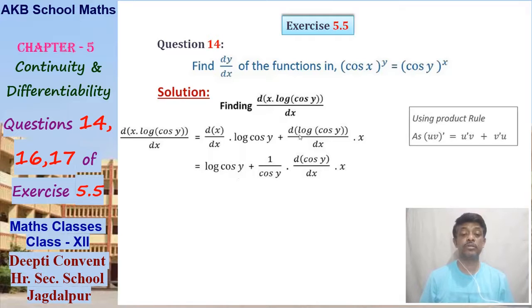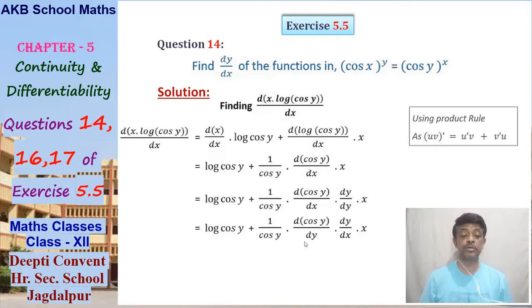So log cos y plus 1 by cos y times the derivative of cos y with respect to x, and that into x. Clear?